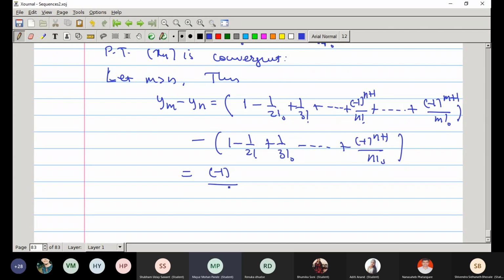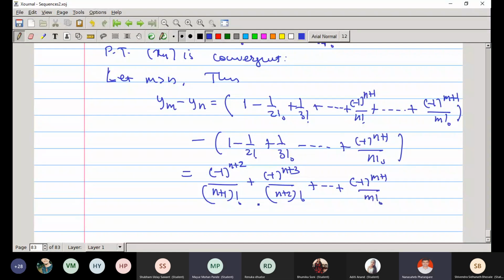Minus 1 raised to n plus 2 upon n plus 1 factorial, plus minus 1 raised to n plus 3 divided by n plus 2 factorial, up to the last term, minus 1 raised to m plus 1 upon m factorial.